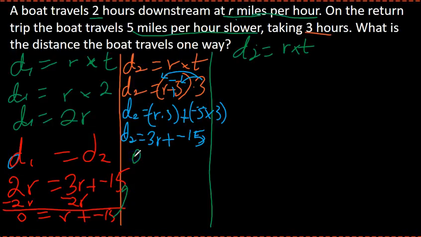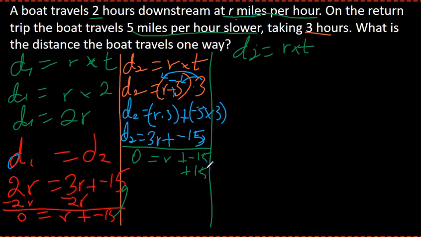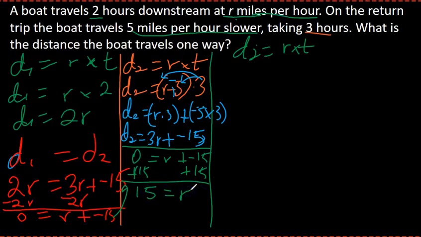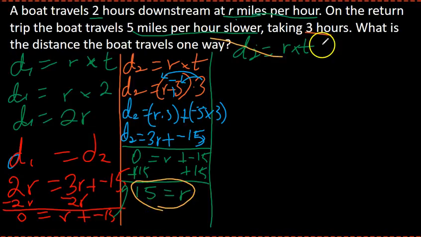So 0 equals r plus -15. We can add 15 to both sides. So 15 equals r. So r is 15. That's the general rate, but that's not what we're asked to find.